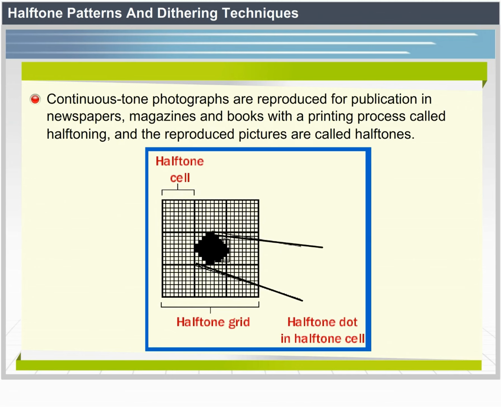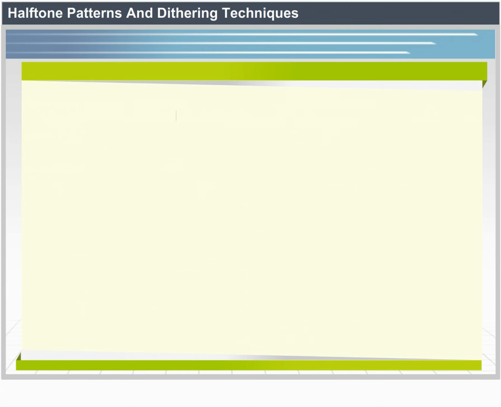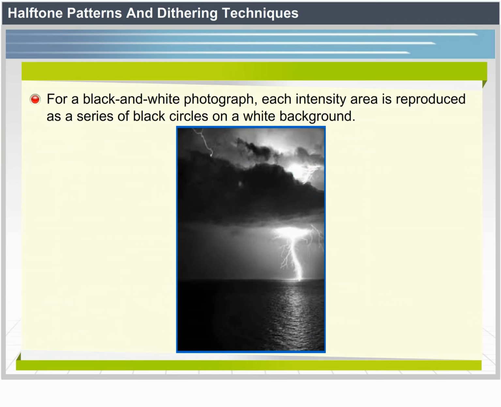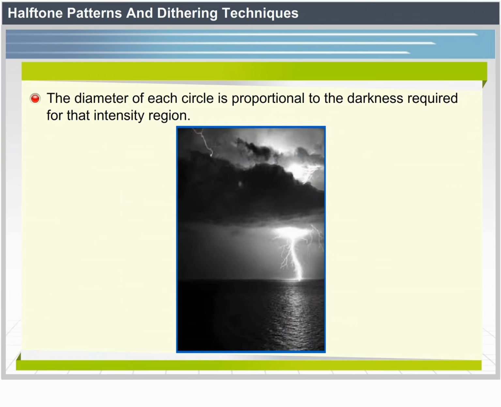Continuous tone photographs are reproduced for publication in newspapers, magazines, and books with a printing process called halftoning, and the reproduced pictures are called halftones. For a black and white photograph, each intensity area is reproduced as a series of black circles on a white background. The diameter of each circle is proportional to the darkness required for that intensity region.